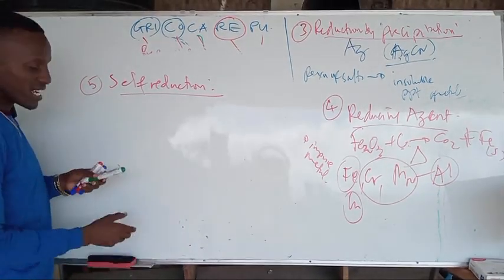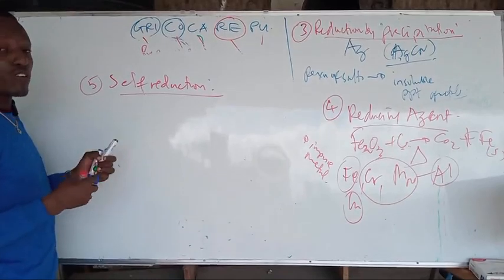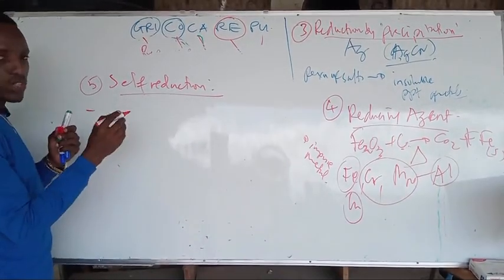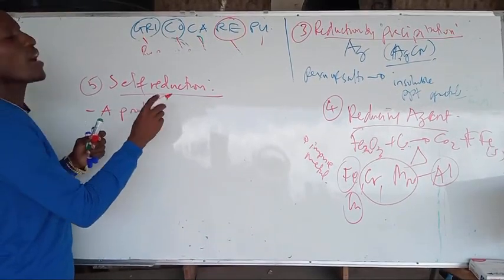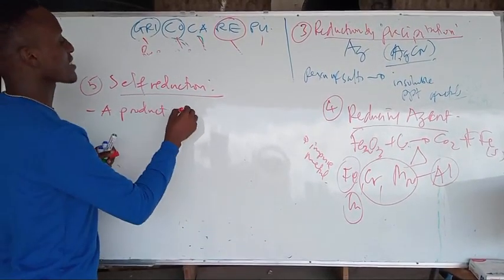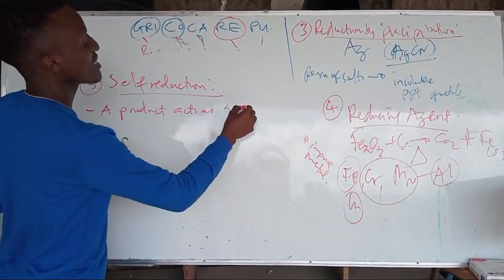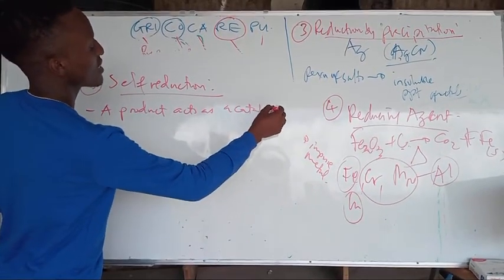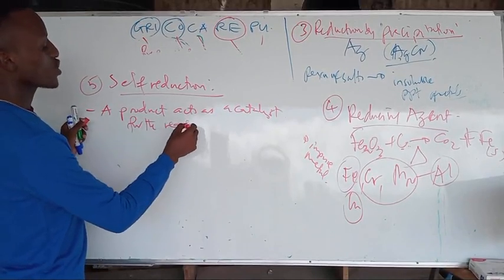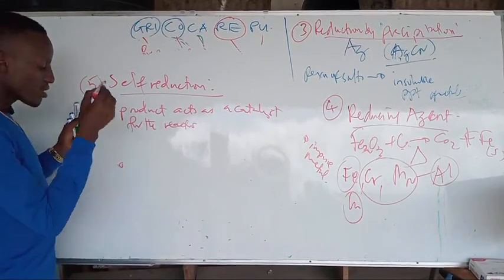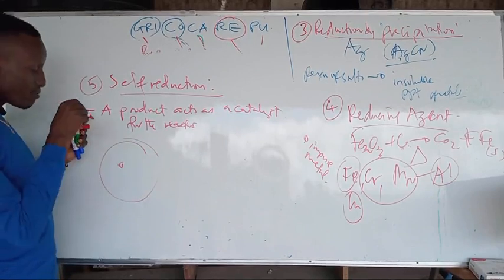Self-reduction is the method of reduction in which a product or a byproduct acts as a catalyst for the reaction. You take just a small amount of the ore and burn it in oxygen.